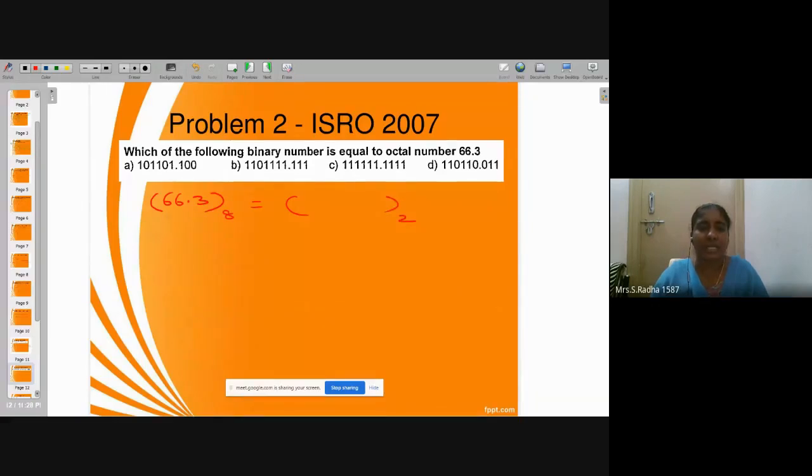Every digit should be represented with 3 digits in binary. 6 means 110, again 6 means 110, then 0.011. This is the equivalent binary. You check where the answer is. Last option D is the correct answer.